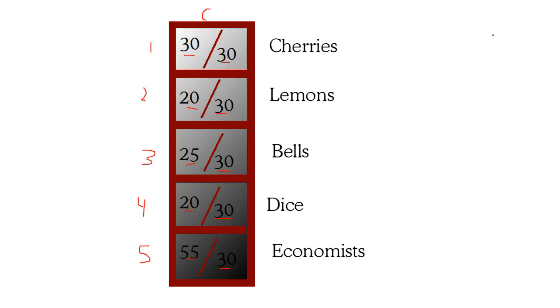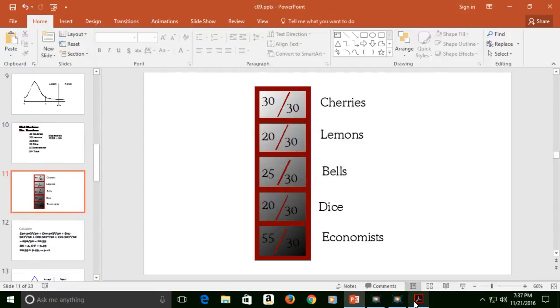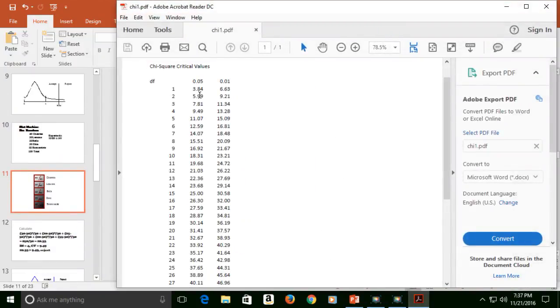Okay, so how many degrees of freedom do we have? Well, we have 5 minus 1 times 1 minus 1. Except when this happens, we just put in the number 1. So we have 5 times 1 equals 5. Okay? So again, we can pop out of here for a second. We have 5 degrees of freedom.